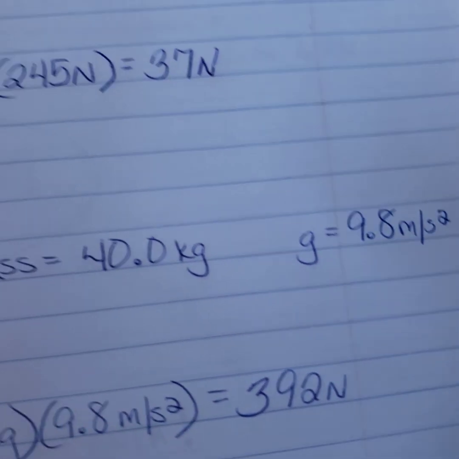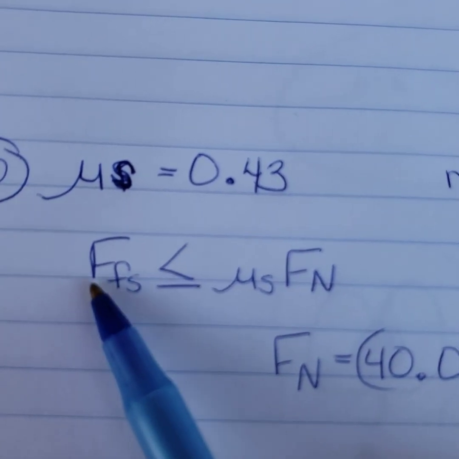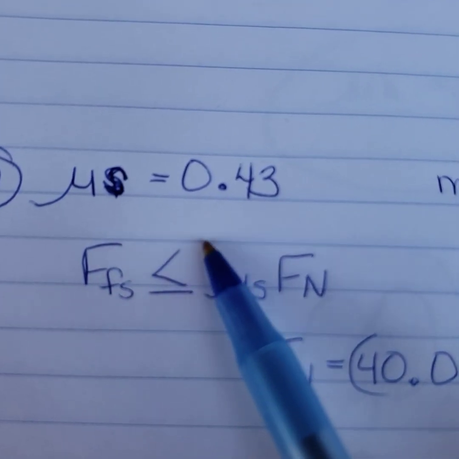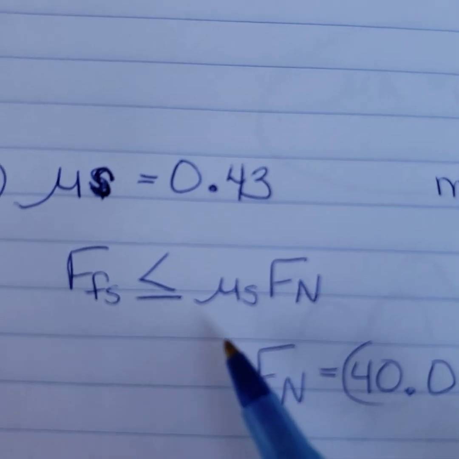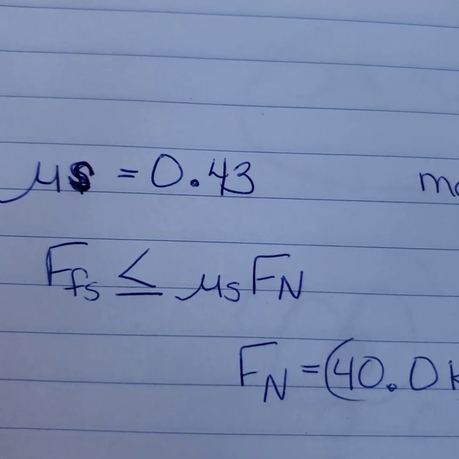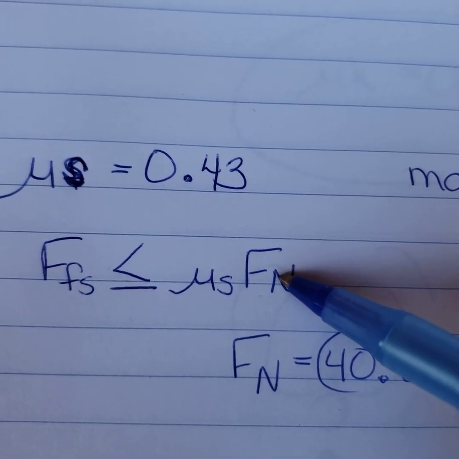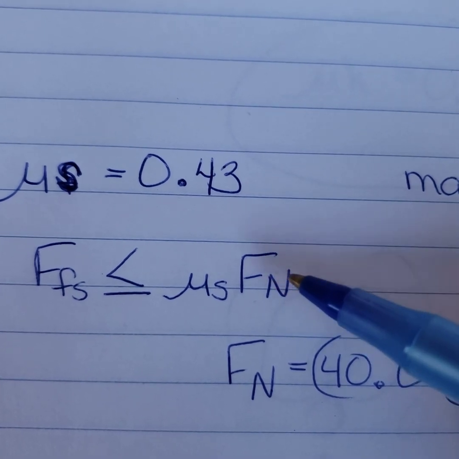So we just leave off the negative. We also know that the force of static friction is less than or equal to the coefficient of static friction times normal force. Remember, this one is your weight in the opposite direction.